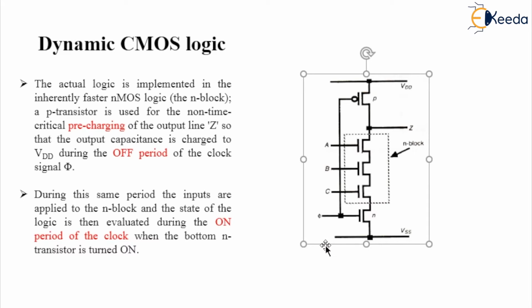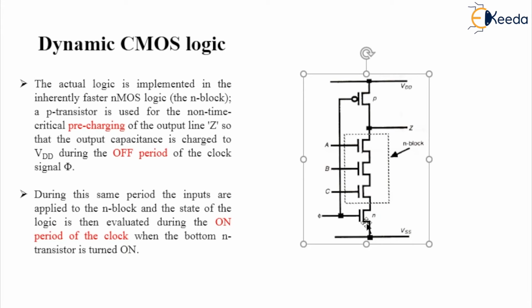I repeat, during the on period of the clock pulse, pi is equal to 1, 1 is given to the NMOS as well as to this PMOS. Due to the bubble at the input, this PMOS will complement the input, so 1 will become 0, so this PMOS will be turned off and therefore this NMOS will be turned on.